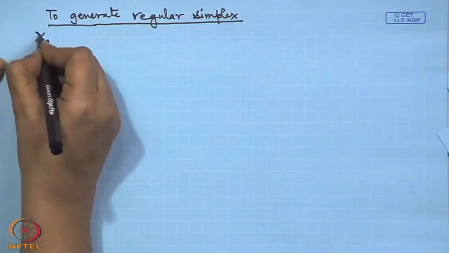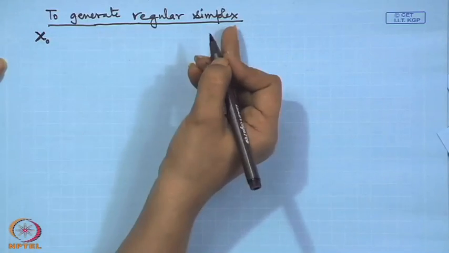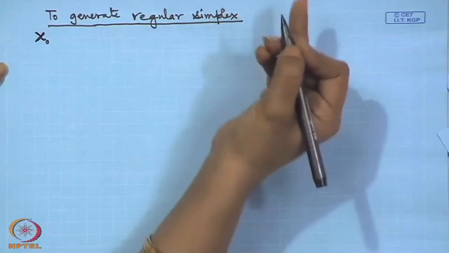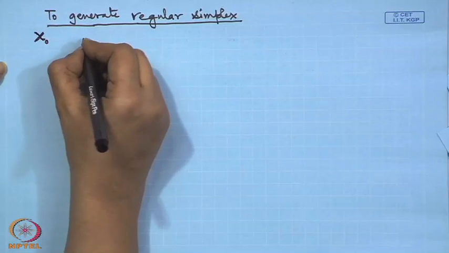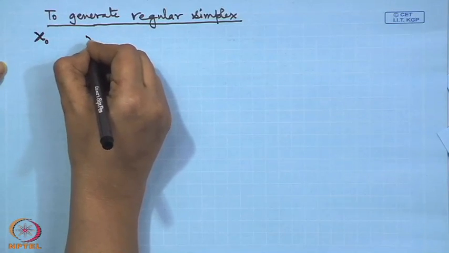Now, how we will start from an initial point x naught. We will consider small x naught, because in the simplex there will be n plus 1 number of points. We will start from x naught and move to the next x1 with this logic.